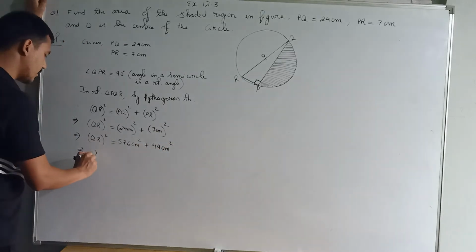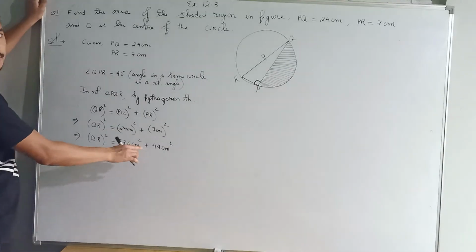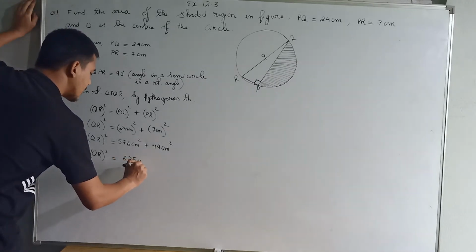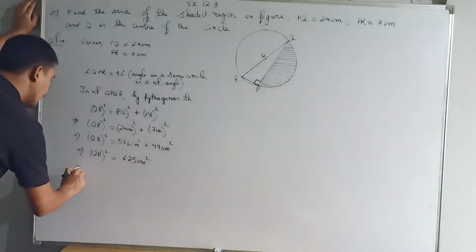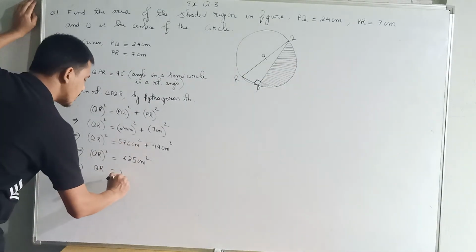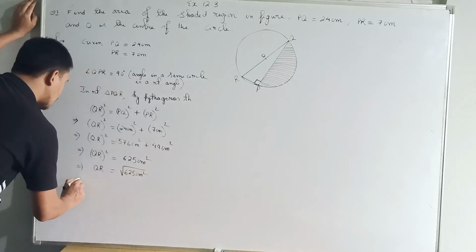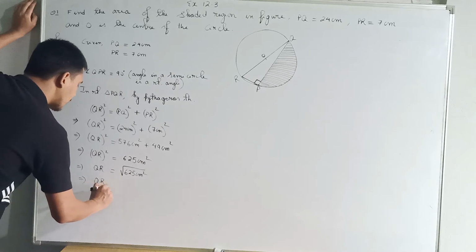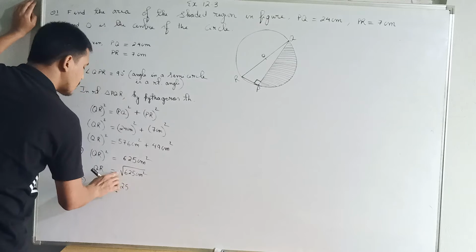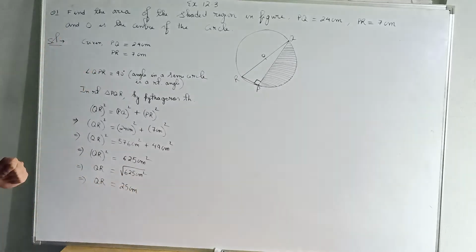So QR square would be equal to 576 plus 49, which gives you 625 centimeters square. So QR will be equal to the square root of 625, which is 25 centimeter. So the hypotenuse has been obtained.